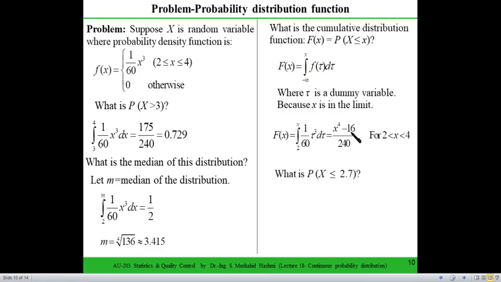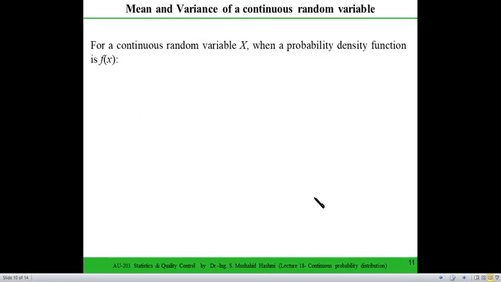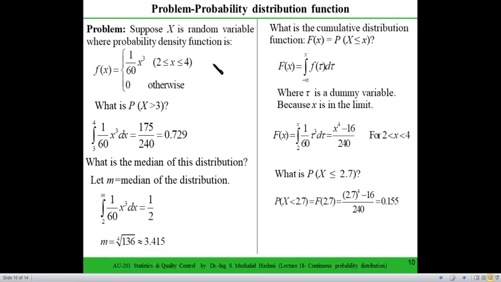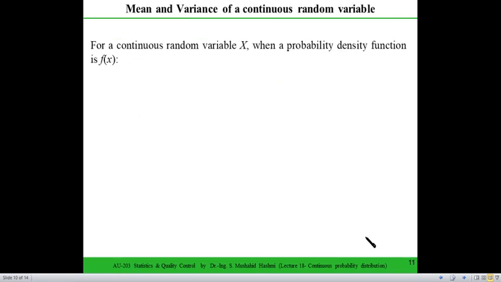So what you learned here is, once I need to calculate the probability that x is less than or equal to 2.7, I just need to substitute x equal to 2.7, and then I will be able to calculate the probability for x less than 2.7 from this cumulative distribution function. Okay, so this is how you can calculate the cumulative distribution function.